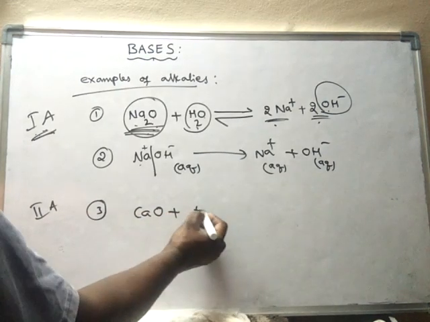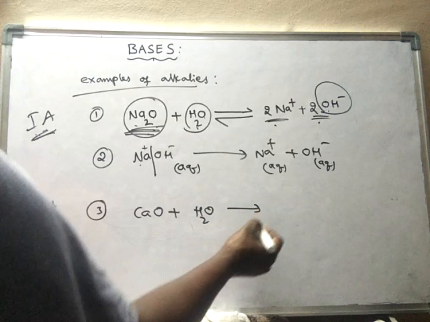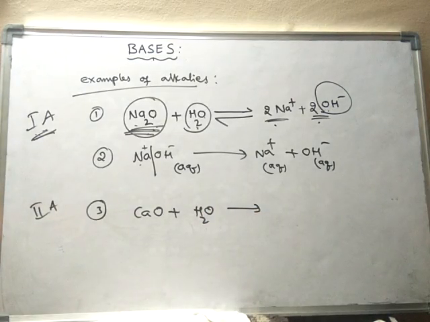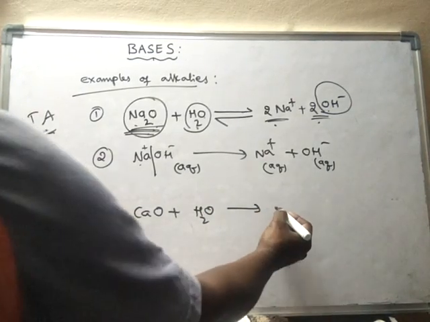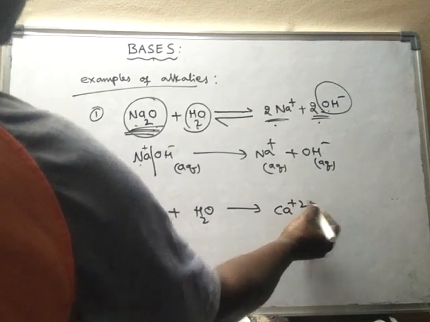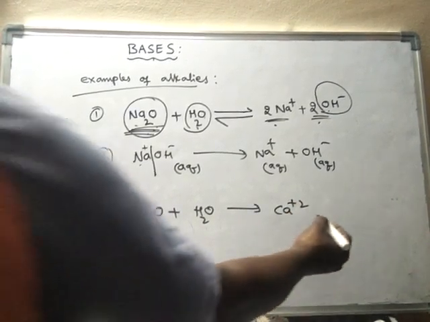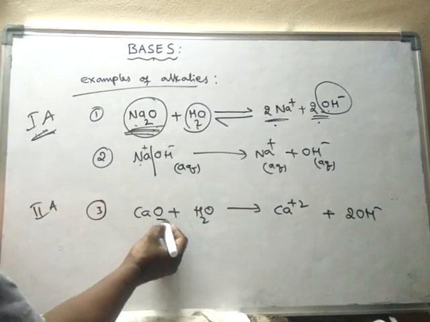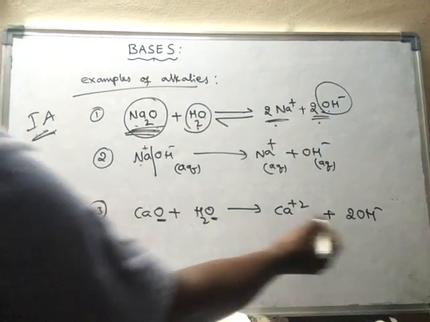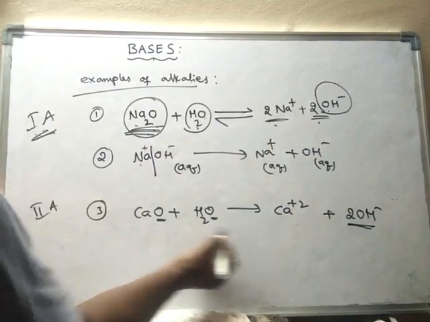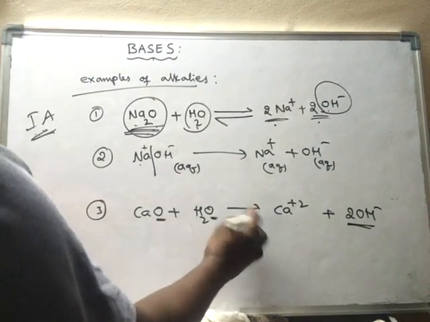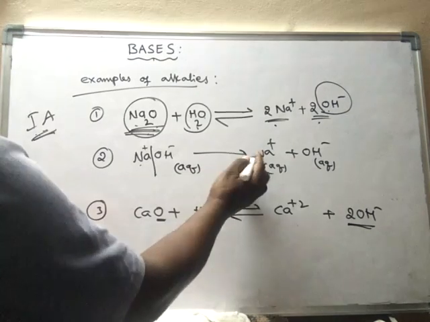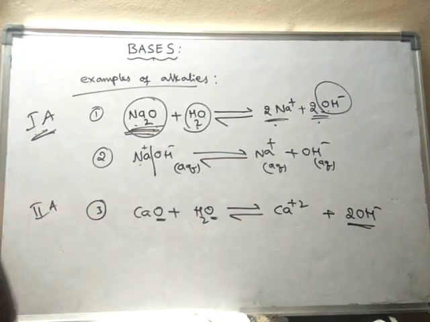When calcium oxide is dissolved in water, they form calcium 2 plus ions and 2 OH minus ions. This oxygen and 2 hydrogens form 2 OH. Here it is a reversible reaction.